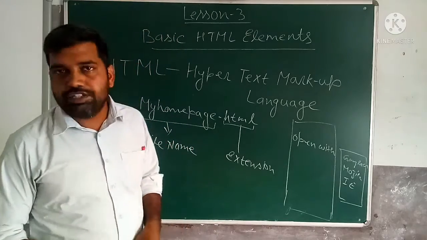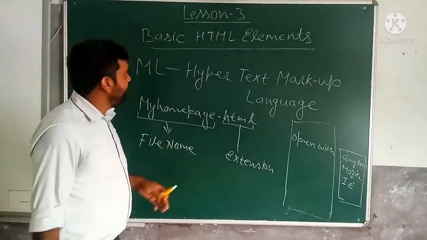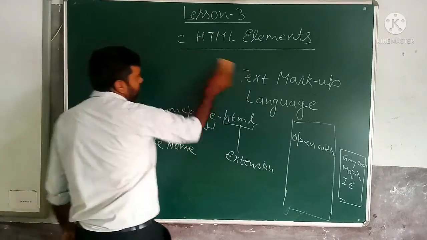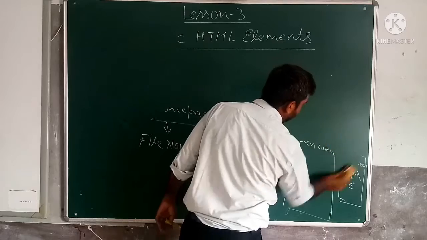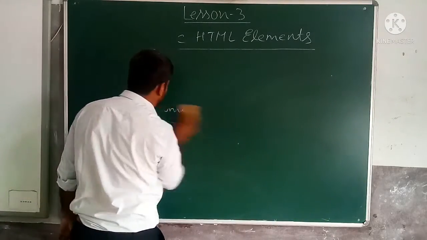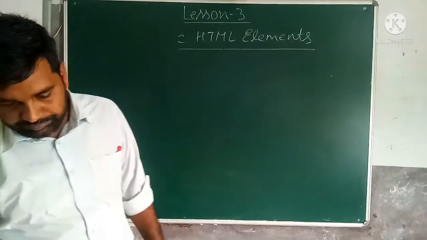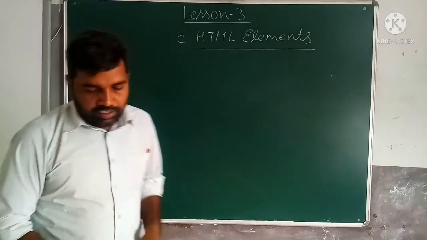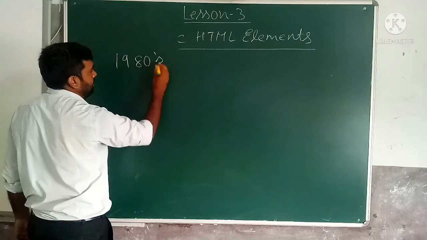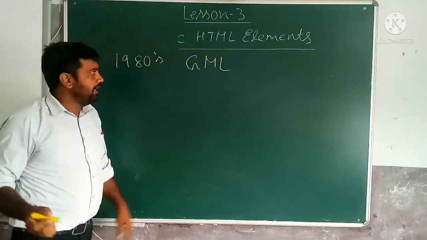Now, the history of HTML. Before HTML, in the 1980s, there was a language called GML, General Markup Language.